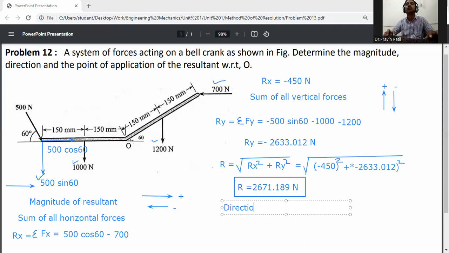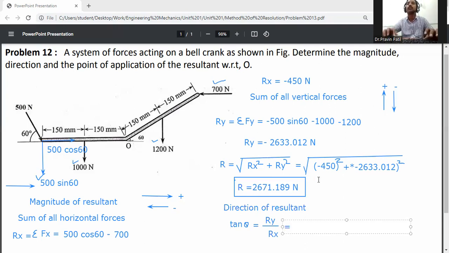Now calculate direction of resultant. That is tan theta is equal to Ry by Rx, or you can say summation Fy by summation Fx.